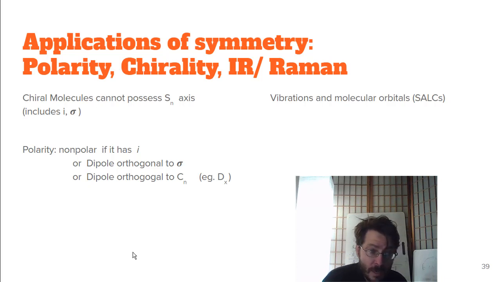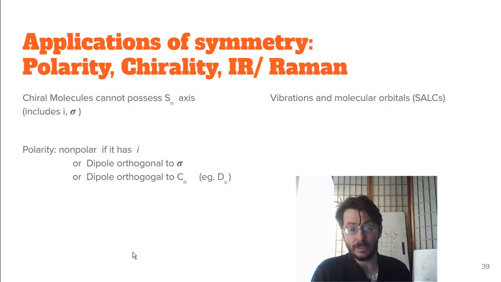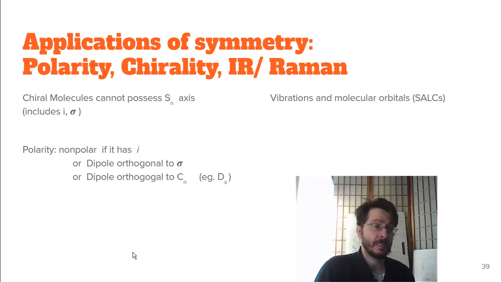But there are a couple quick things that you can do. Right away, just from the symmetry table, you can say whether it's chiral or not. All right? If it's chiral, it can't have an Sn axis. And there are a couple hidden Sn axes. It's really obvious that if it has an inversion center or a mirror plane, it cannot be chiral. All right?